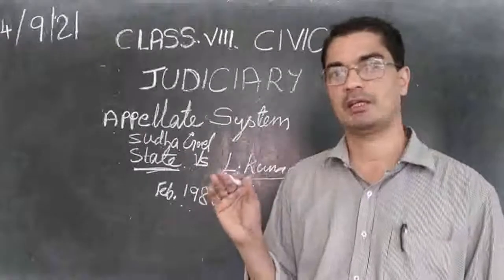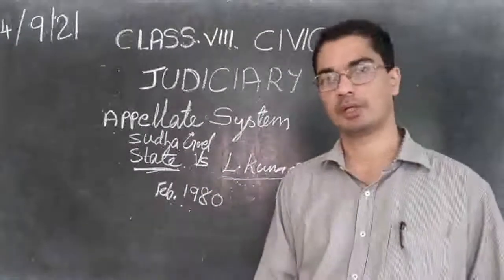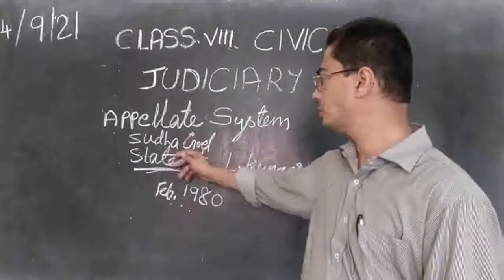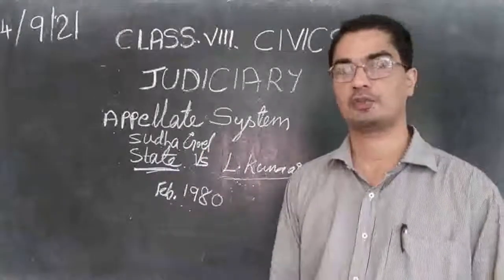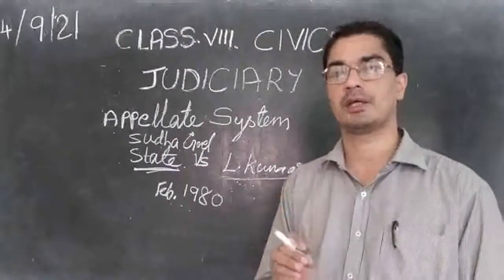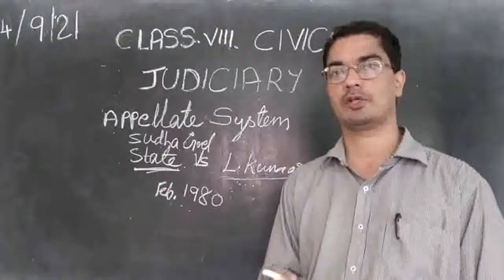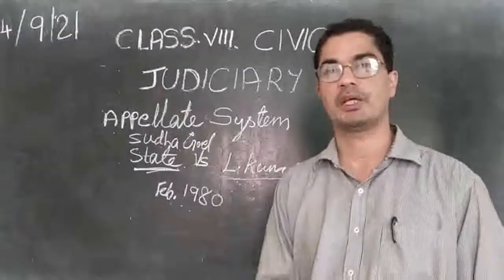They have to stay in the jail for 12 years or so. That was the punishment given by the Supreme Court. So that way Sudha's family got justice, we can say. The Supreme Court finally gave the correct verdict and the culprits, those who are responsible for the death of Sudha Goel, are punished by putting them in jail.